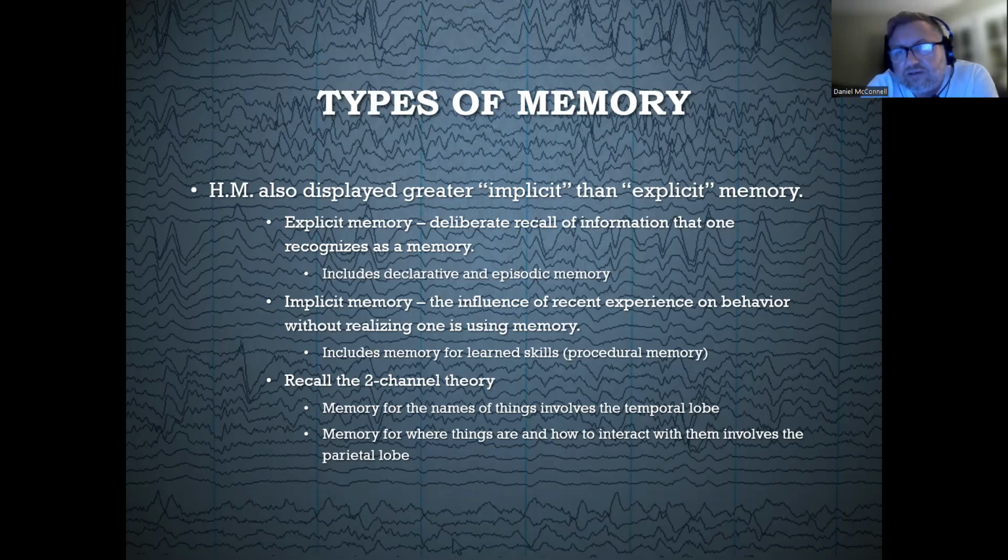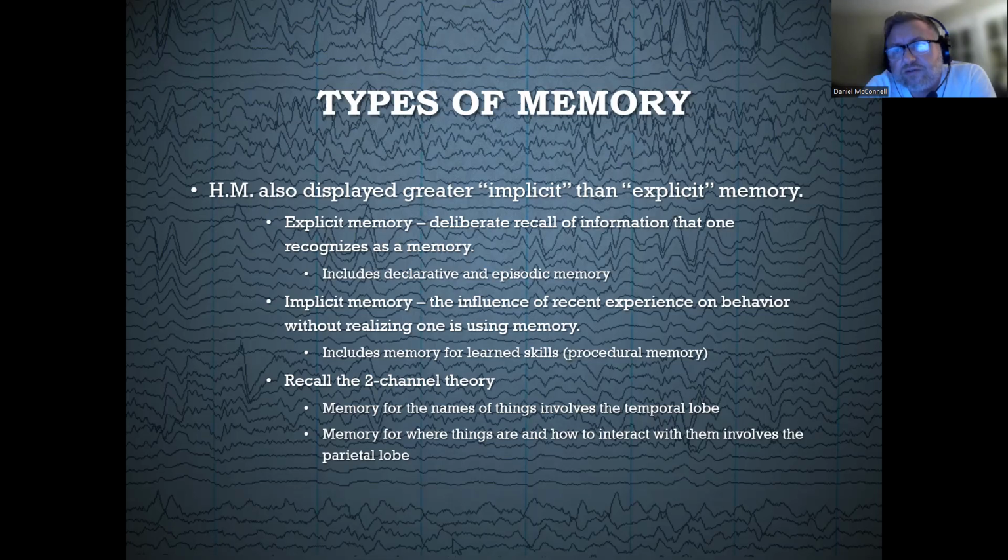We might even think that it could be worthwhile to think back to the chapter on vision, because remember when we were talking about vision, we talked about the 2-channel theory that distinguished the what channel, which is the visual processing of information for recognizing what things are. And it might be the case that in a way that's an important part of explicit memory formation. And of course, that pathway takes us from the occipital lobe into the temporal lobe, which is where we find a lot of the explicit long-term memories.